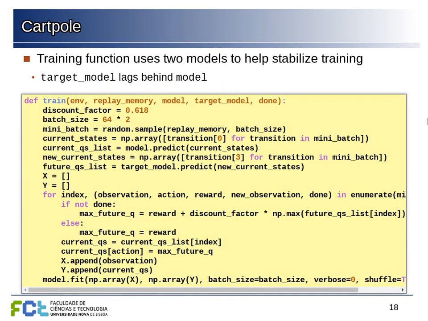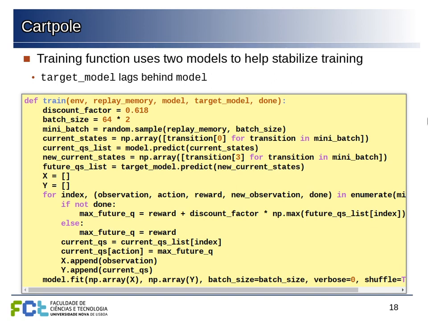Now this is the main part, which is for training. So this is the gamma, the discount factor, the batch size, and we create a mini batch by sampling from this deque, which is the replay memory. This is also where we're going to put in examples. Now we create the current states.